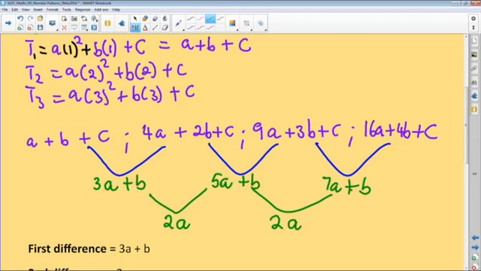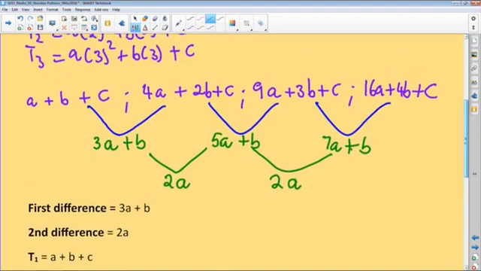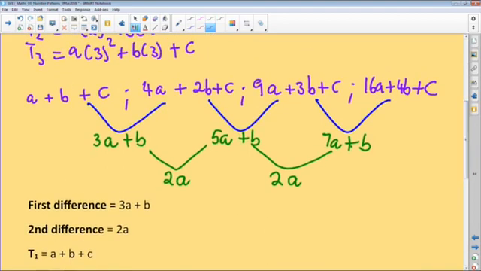Now, you see that you'll have 25a minus 16a, which is 9a, minus 7a, and then you'll get a 2a. So that 2a is going to be constant throughout. You'll have the same second difference throughout. So in a simplified form, your 2a is your second difference, okay?